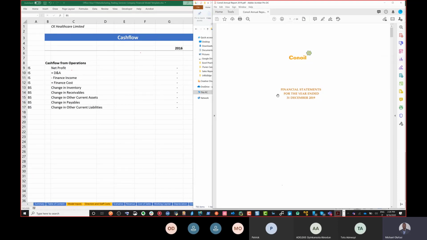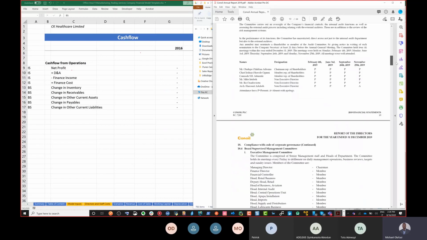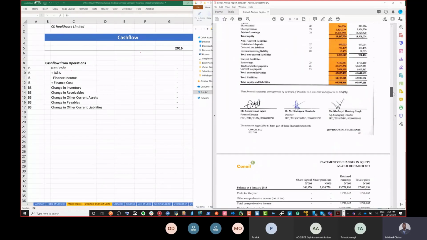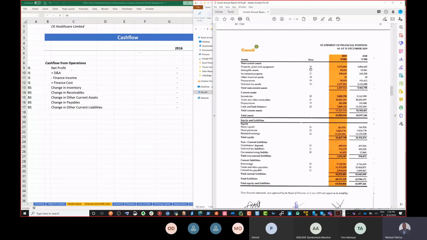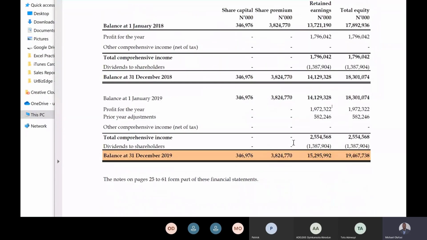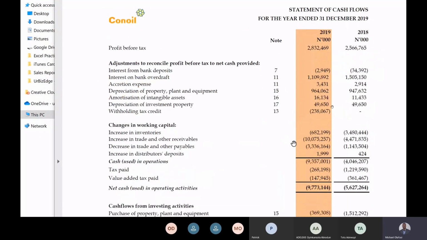Okay, so I am going to scroll, okay, I'm going to zoom again. So we are on the cash flow statement, right? All right.